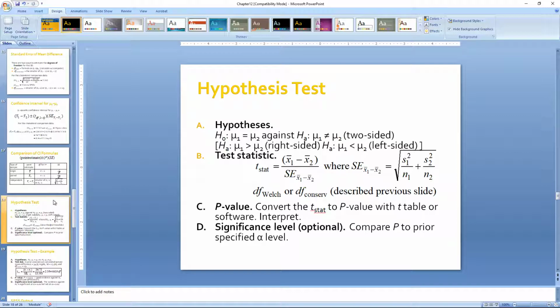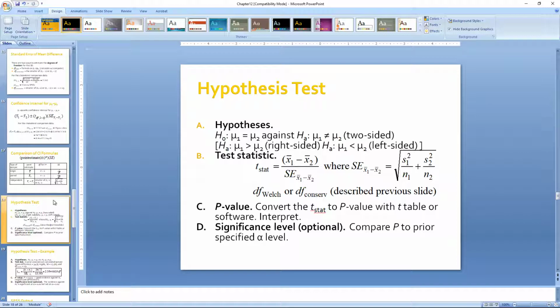Now we're going to move to hypothesis testing, where once again our null hypothesis is going to state no difference or nothing, so mu1 is going to equal mu2, against an alternative hypothesis. If it doesn't equal, it's a two-sided test; if mu1 is greater than or less than mu2, it could be either a right-sided or left-sided test.